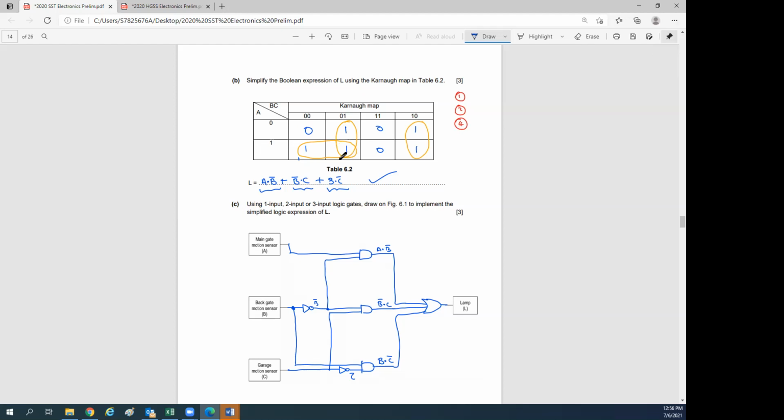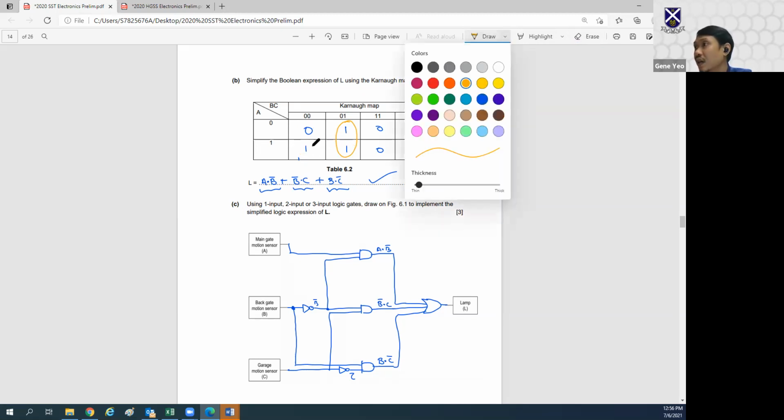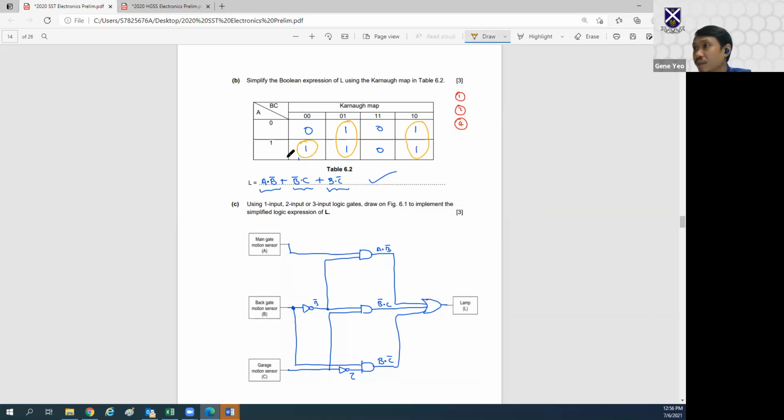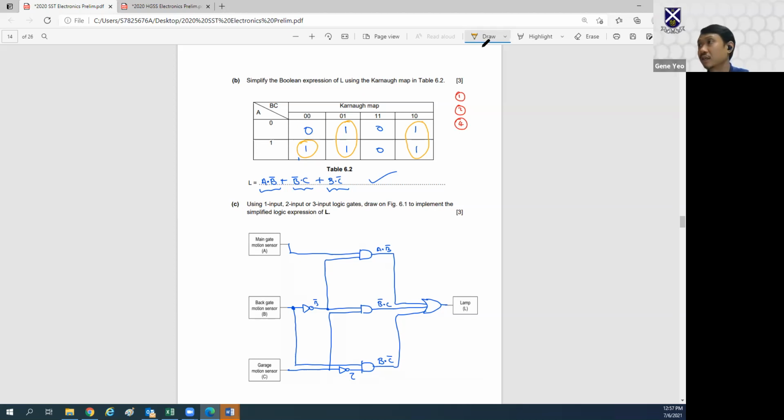In order to group this one guy, I have the option of just grouping one, correct? Yes. But I told you that the bigger the group, the better it is. So instead of just grouping 1, I prefer a group of 2.